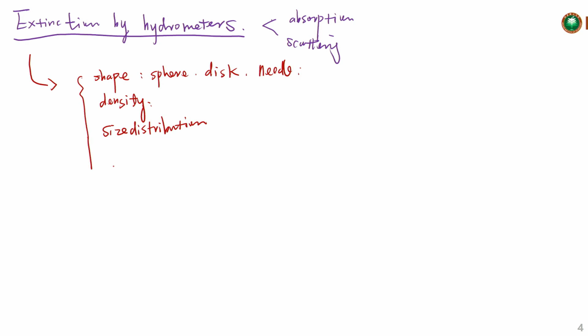The fourth one: because we want to analyze the interaction of the electromagnetic waves with the hydrometeors, one parameter that we usually need is the dielectric properties. So we need to consider all these parameters for the calculation of the extinction by hydrometeors.